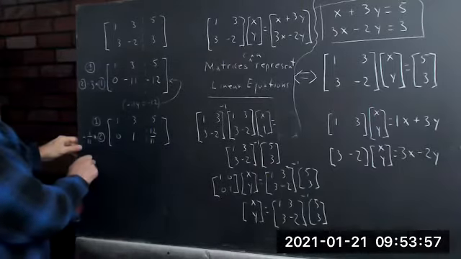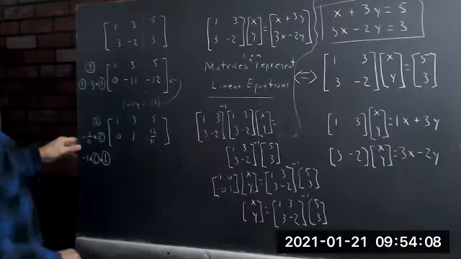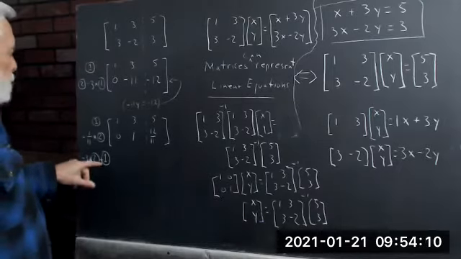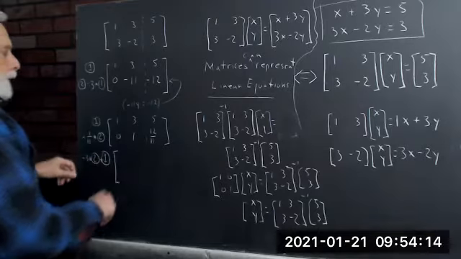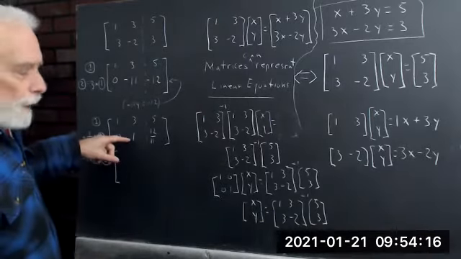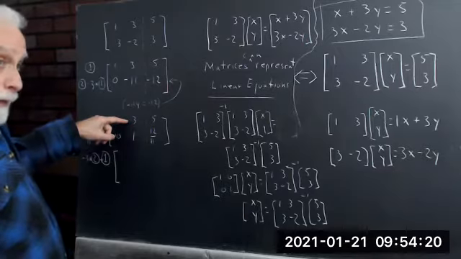So I'm going to do -3 times the second row plus the first row. And what's that going to do? That's going to wipe out this 3 and give me a 0.